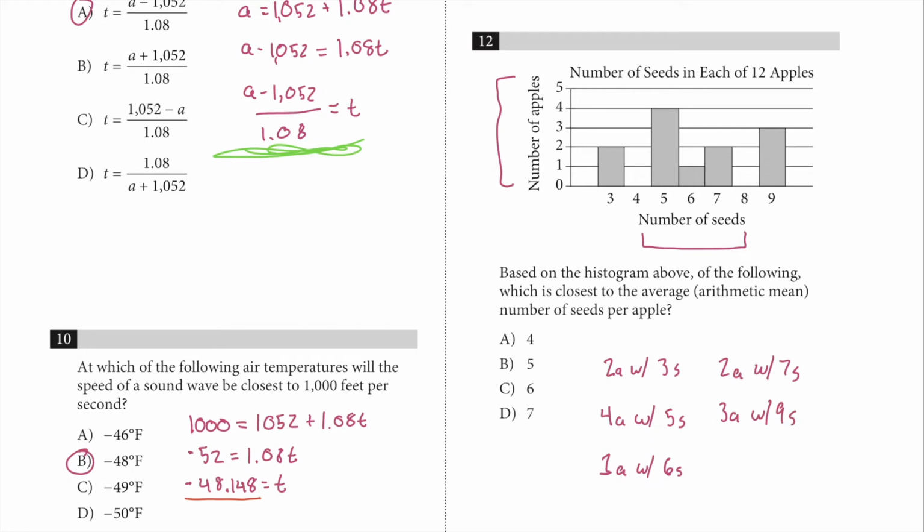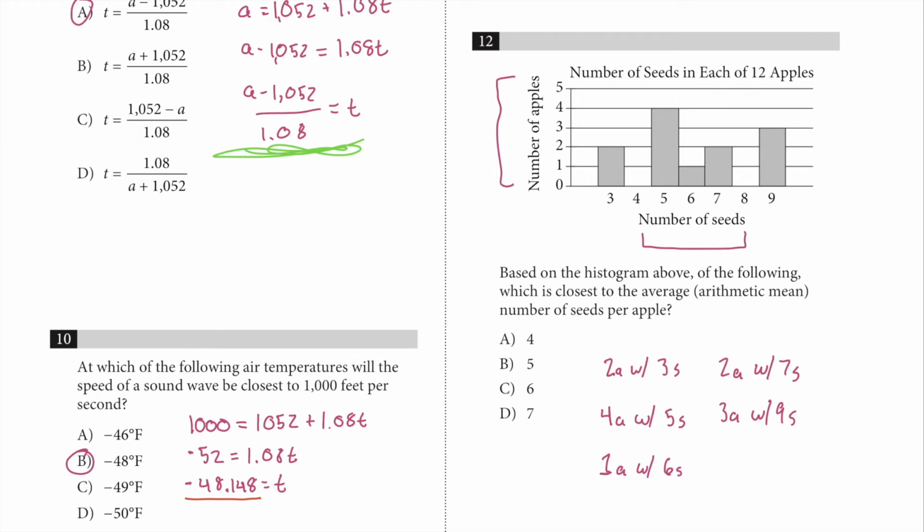So what we're going to do is add up all the seeds and then divide by how many apples there are. So we'll say 2 times 3 plus 4 times 5 plus 1 times 6 plus 2 times 7 plus 3 times 9.